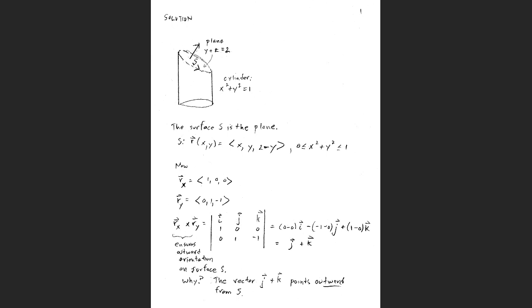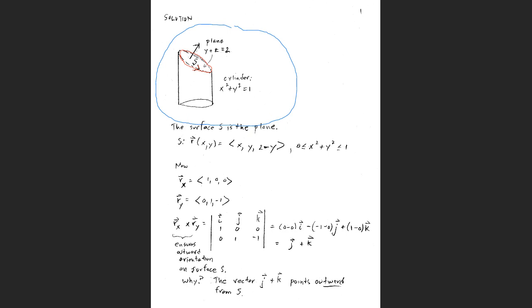The plane cuts the cylinder, and you know, let me just circle this again in blue. The plane cuts the cylinder and creates a closed curve right here. The closed curve is an elliptical curve, and we are assuming the particle moves around the curve in the direction of the arrow.